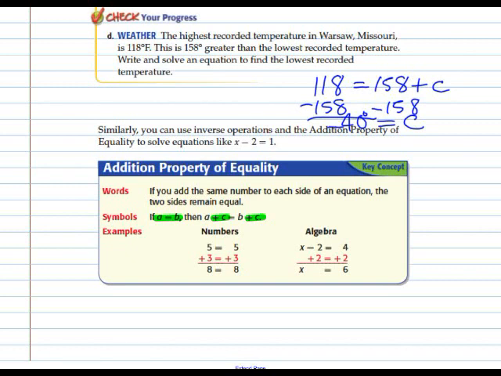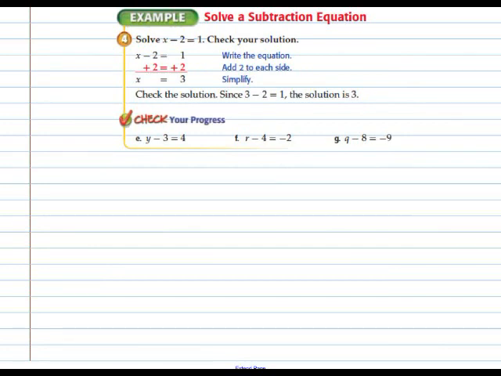You can see in the example here with numbers, if 5 equals 5 and I add 3 to both sides, 8 equals 8. If I have x minus 2 equals 4 and I add 2 to both sides, I get x equals 6. By adding the same number to both sides of the equation, I have maintained my equality. So, to solve x minus 2 equals 1, I would add 2 to both sides of the equation.